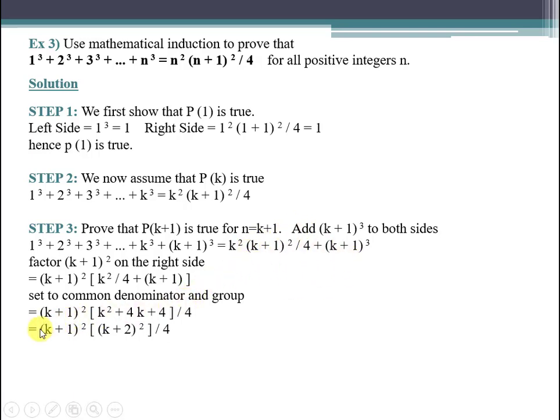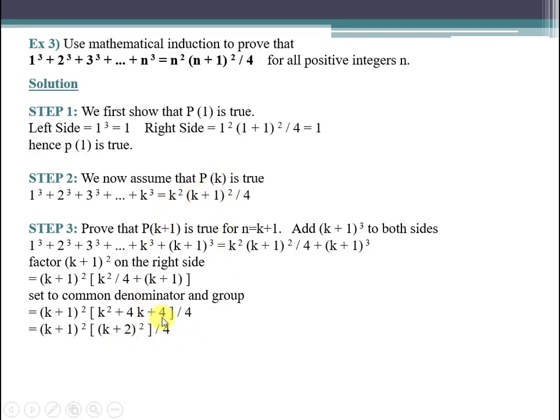And after operations, we have this expression. And what does it give? It gives us, when we put k plus 1 instead of k in the second assumption, k plus 1 squared, k plus 1 plus 1, k plus 2 squared over 4.